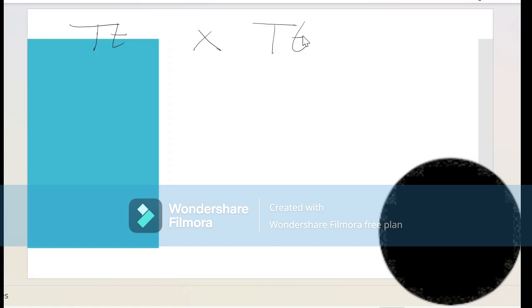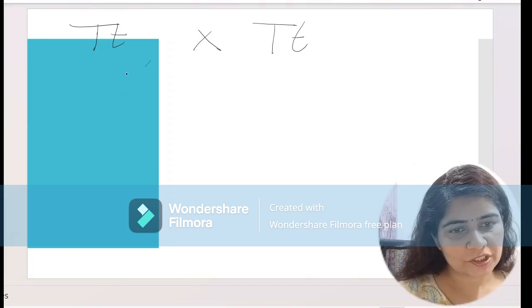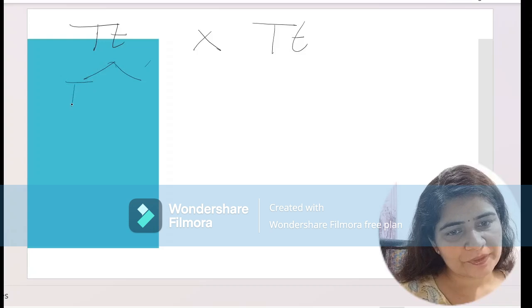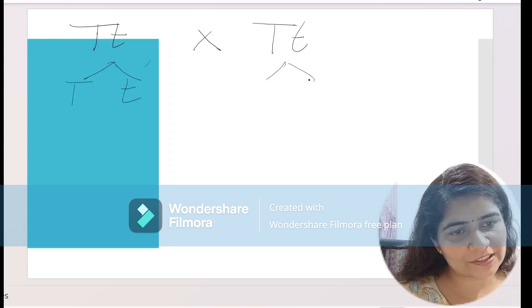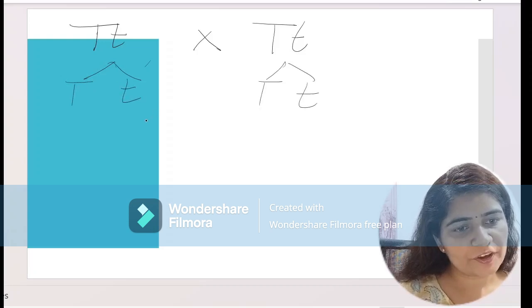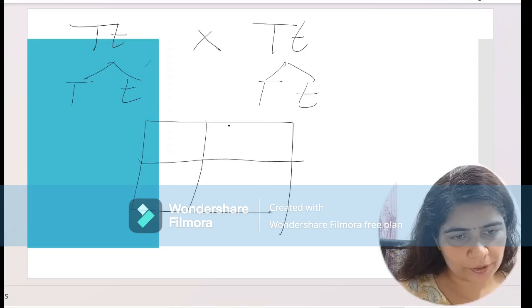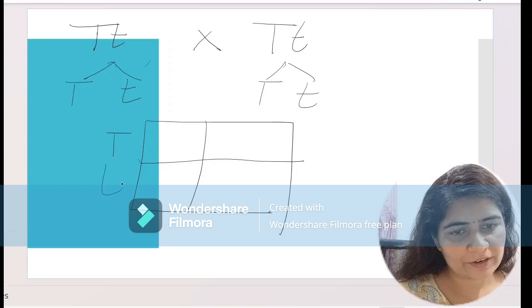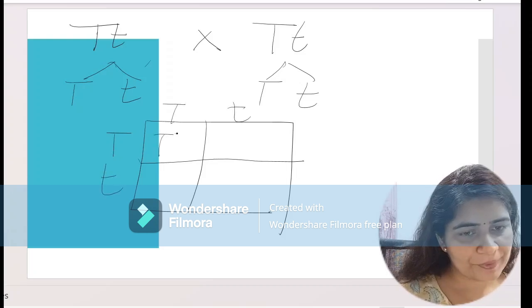And now the result which is formed will be the F2 progeny. This F2 progeny will show a different result as compared to the F1. I'm making a Punnett square here, and now if you see, the result will be capital T small t, capital T small t.